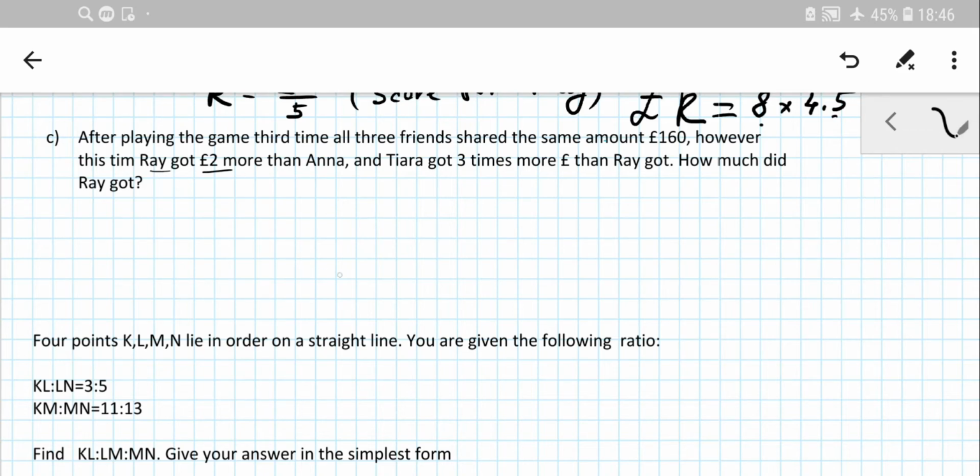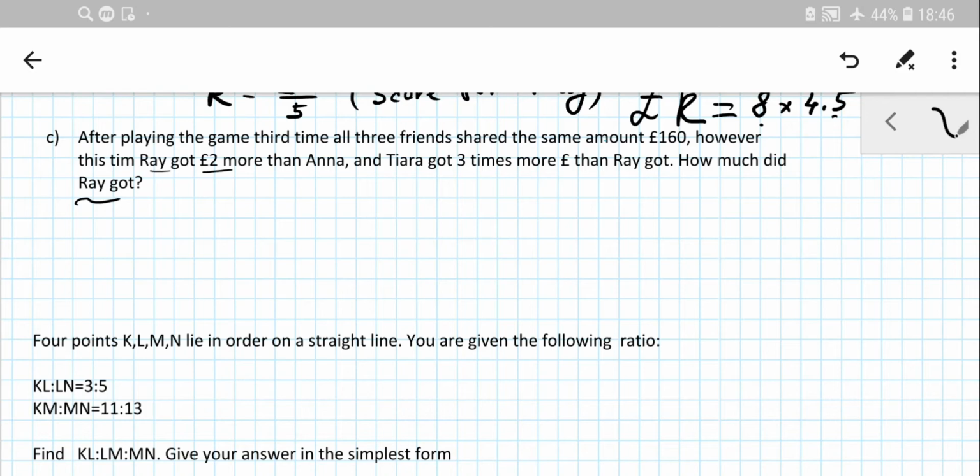How much did Ray get? Alright, so let's see. Now they shared the same amount. However, this time Ray got 2 pounds more than Anna. So the question is again, how many pounds Ray got?